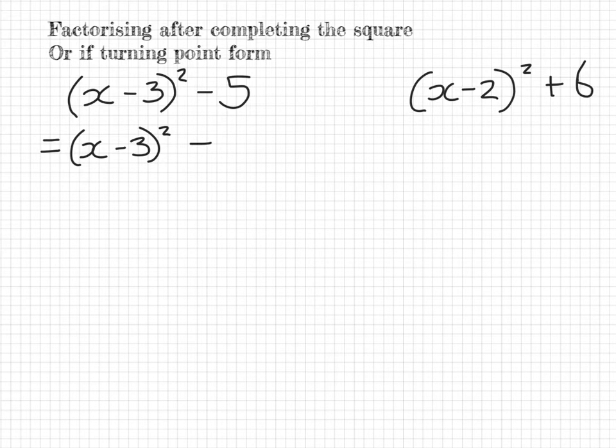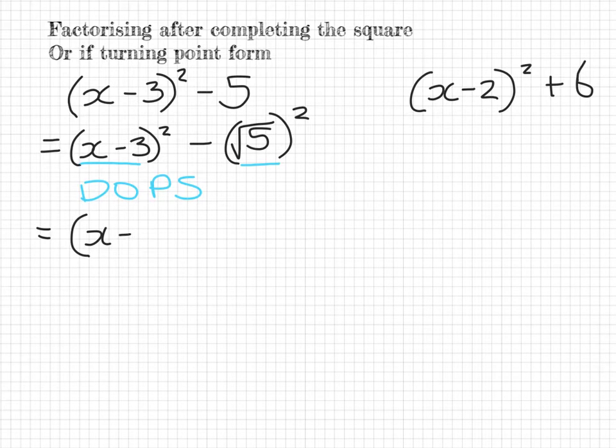Now a 5 is the same as the square root of 5 squared. And what that's allowed us to do is have something squared take away something else squared, and we can actually use the difference of perfect squares now. So our a is x take 3 and our b is square root 5. And so now we're going to write a plus b and a take b.